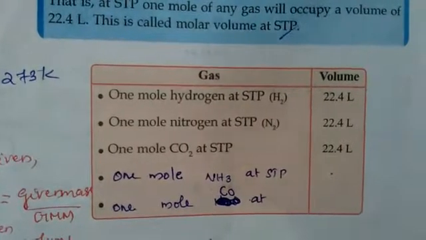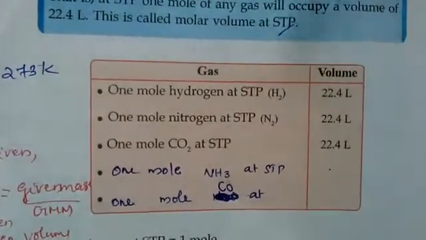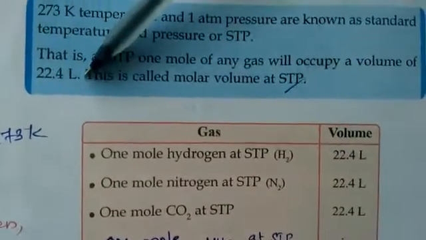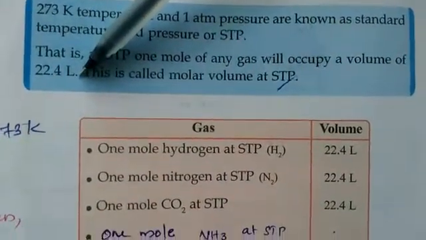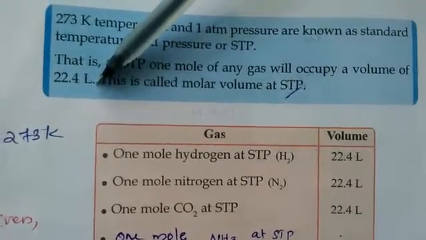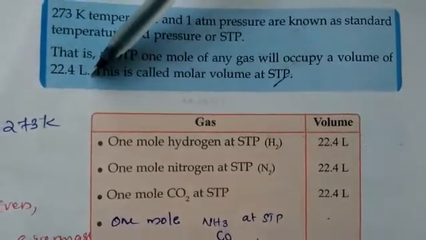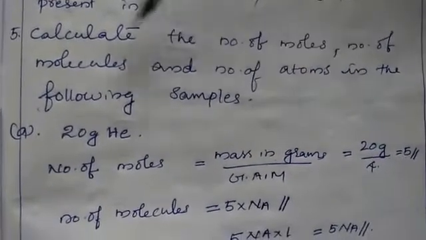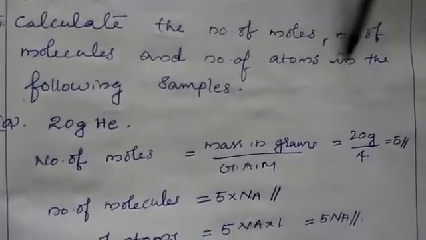So in order to calculate the number of moles, if volume is given, that is given volume divided by 22.4 liter molar volume, you have to find out. Clear or not?